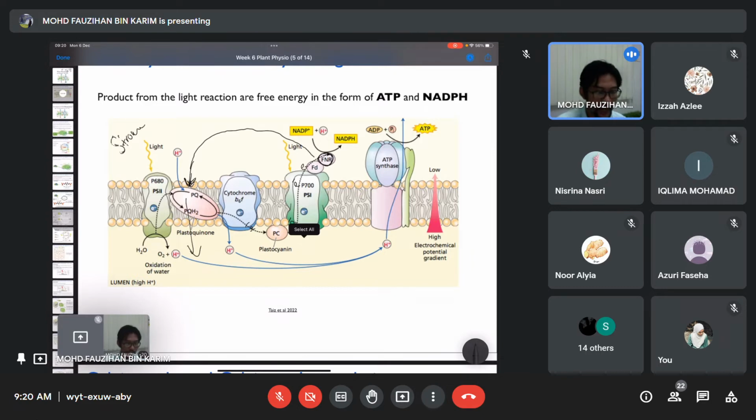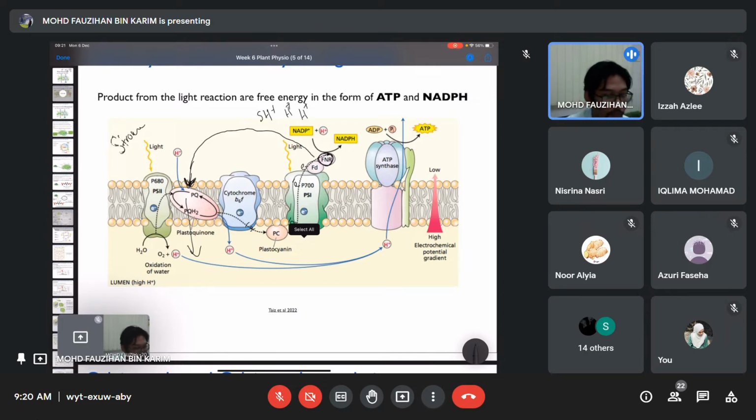So we know that after they produce the ATP using the ATP synthase, the protons will be more concentrated in the stroma section. Every time they pump the protons, the hydrogen, it will produce ATP. But in the case where the ATP is not enough, the electron will be transferred back to the plastoquinone here.